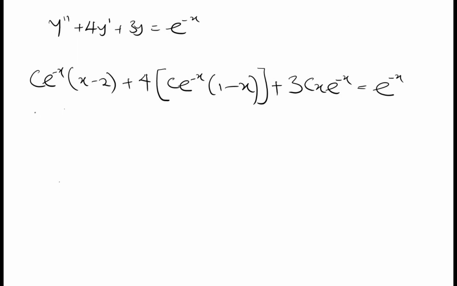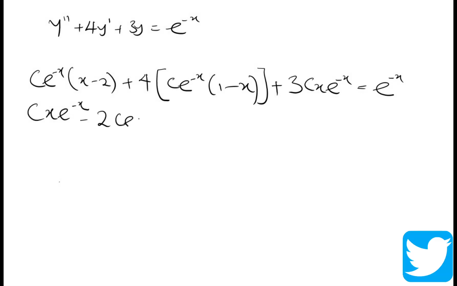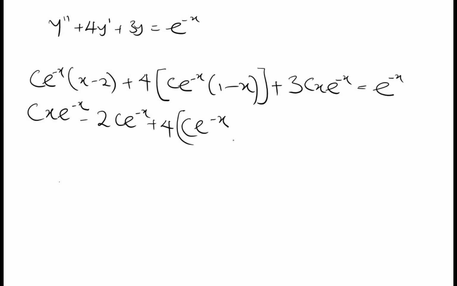Expanding this, I will have cx exponential of negative x minus 2c exponential of negative x plus 4, first inside the bracket, that's c exponential of negative x minus cx exponential of negative x plus 3cx exponential of negative x is equal to exponential of negative x.